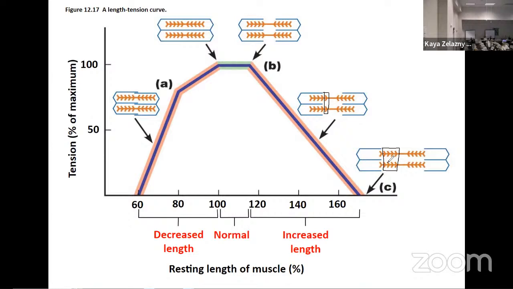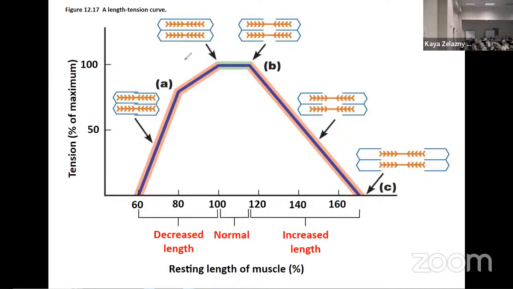So no cross-bridge cycling is going to happen because they're just not close enough to that thin filament to pull on it. So that's the problem with too long a length, right? So this is why it's more optimal here, is that we have actin for all of those heads on the myosin to grab onto. If you get too short, you have a different problem.